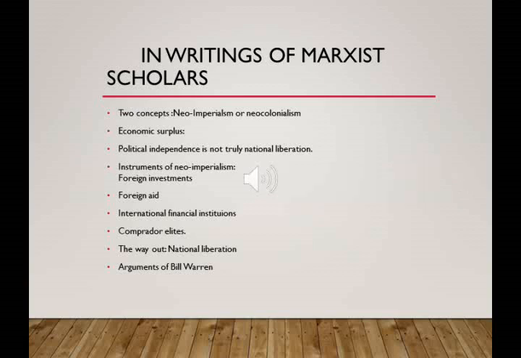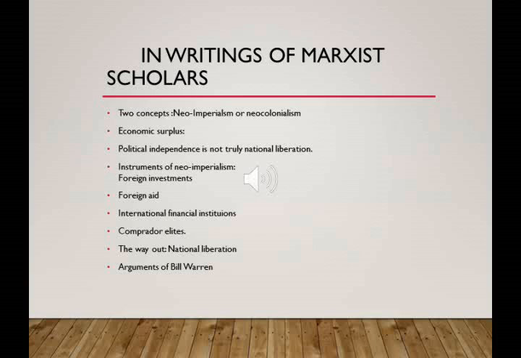As I said, the sources of studying the Marxist perspective on development include writings of Karl Marx, writings of communist leaders, writings of Soviet scholars, and writings also of scholars who are Marxists, but they are not living in the Soviet Union.